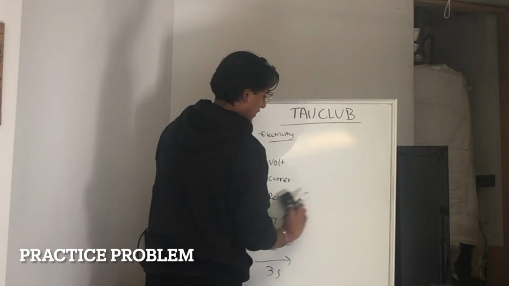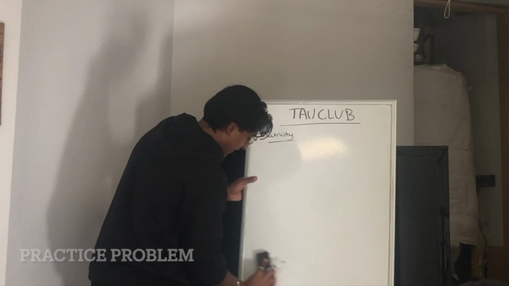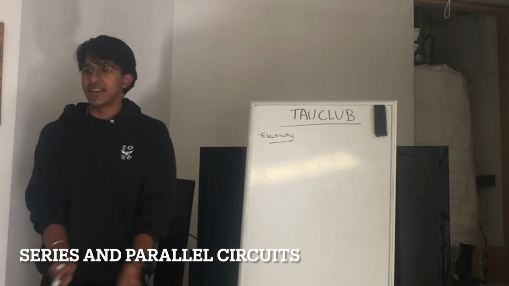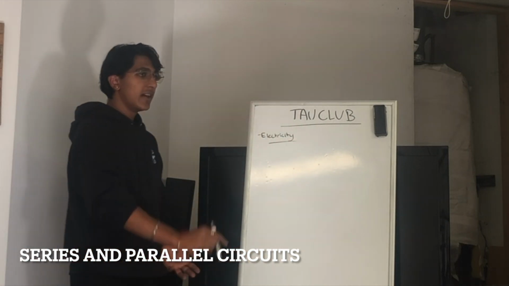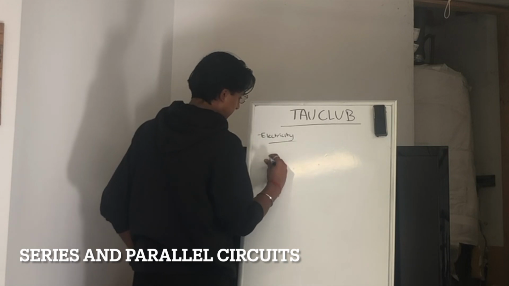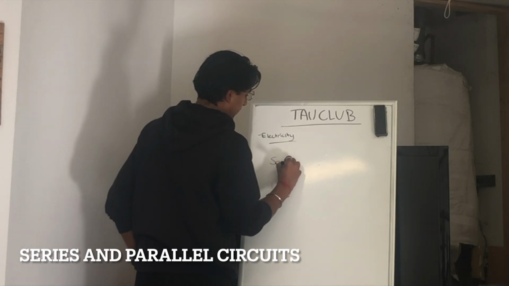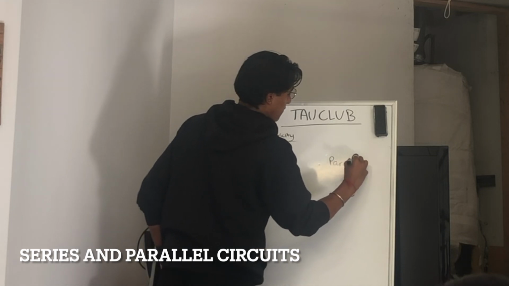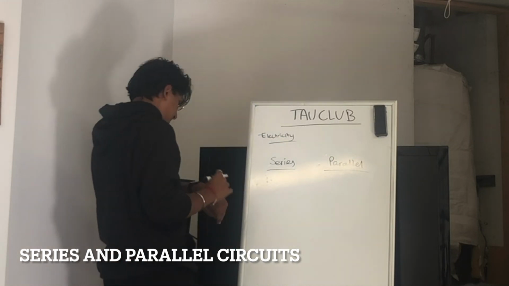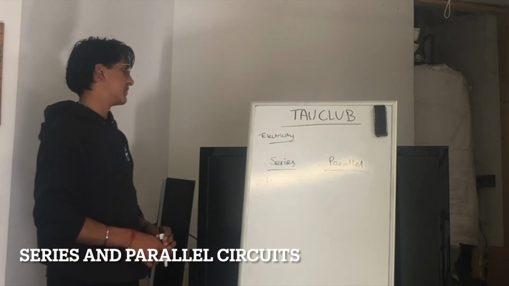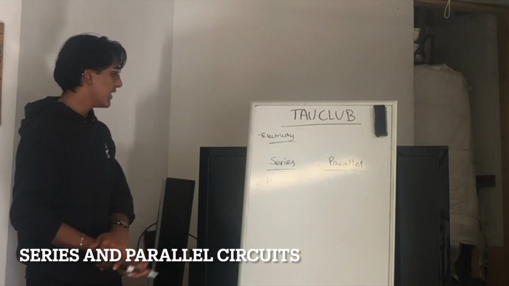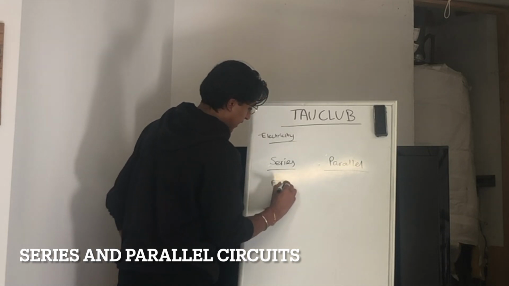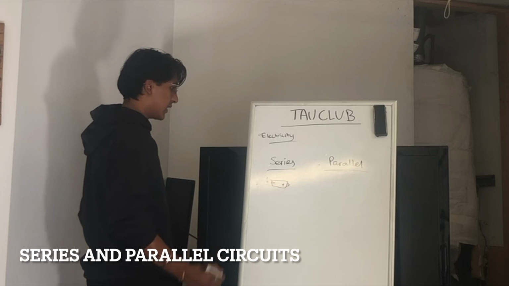Beautiful. Now that we've gone through these, let's talk about how we create electrical circuits with this. Okay? So there are 2 types of electrical circuits. First one is called series, and the next one is called parallel. In series circuits, you have an electrical source, let's say a battery, okay?